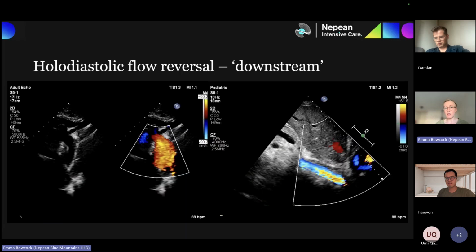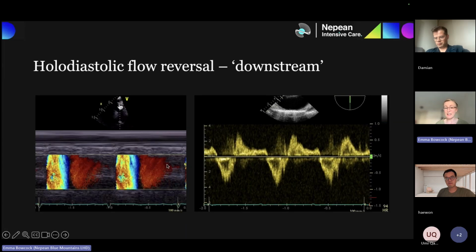The other thing that you can do is drop your pulse wave gate in that, and you'll get something that looks like this. This is the distal descending aorta. That's where our sample gate is.